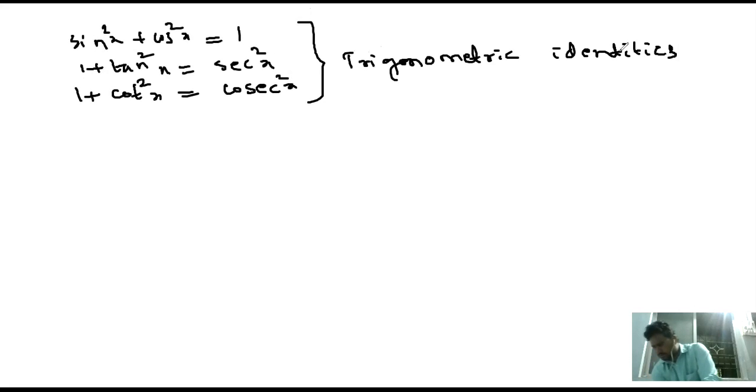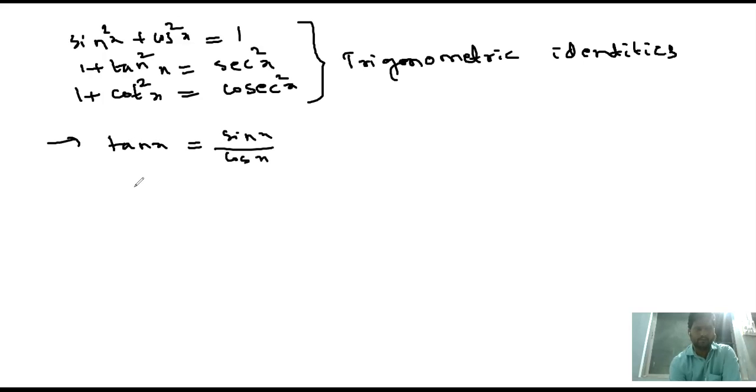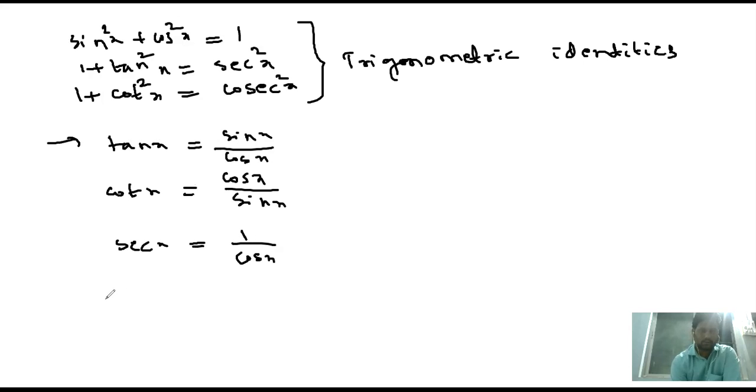And the definitions of the trigonometric functions are: tan x is sin x by cos x, cot x is cos x divided by sin x, sec x is 1 divided by cos x, and cosec x is 1 divided by sin x.